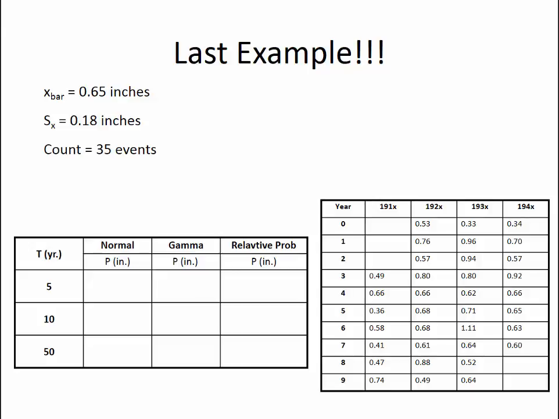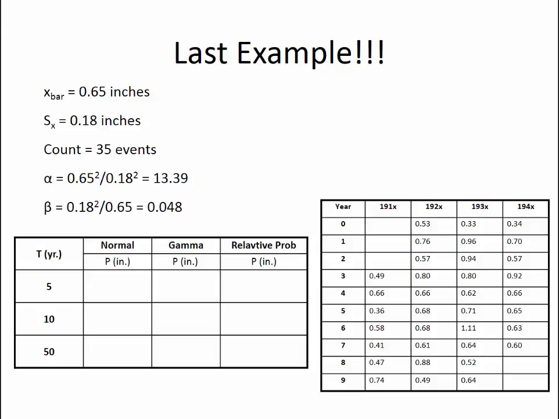I counted that there were 35 total events, right? And then I used what we know about the alpha and beta parameters for the gamma distribution. You'll see why these become useful if we were to solve this in Excel. I took the mean squared over the standard deviation squared. That's the alpha parameter, and I got 13.39.